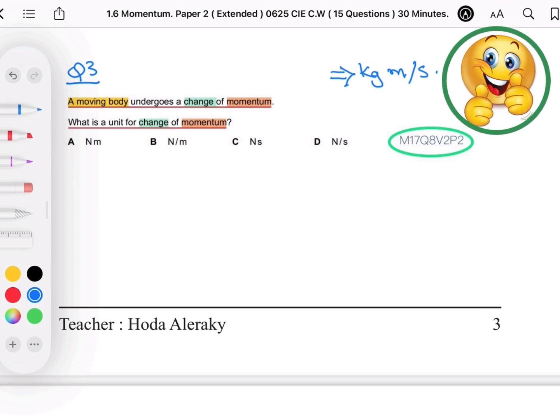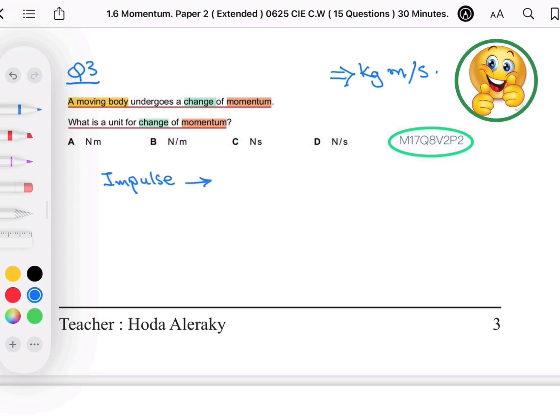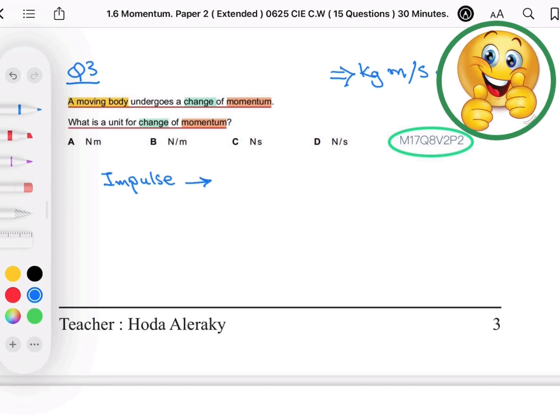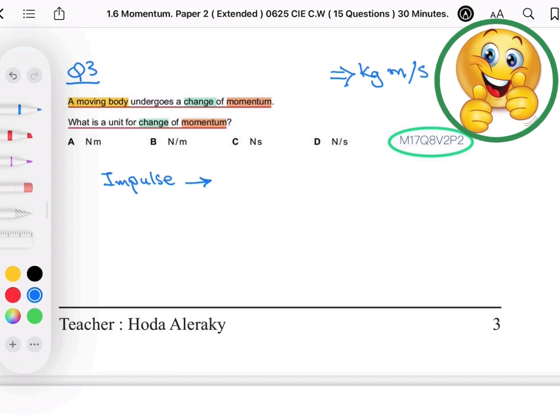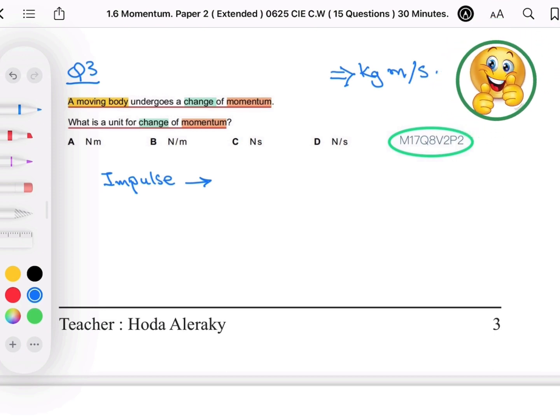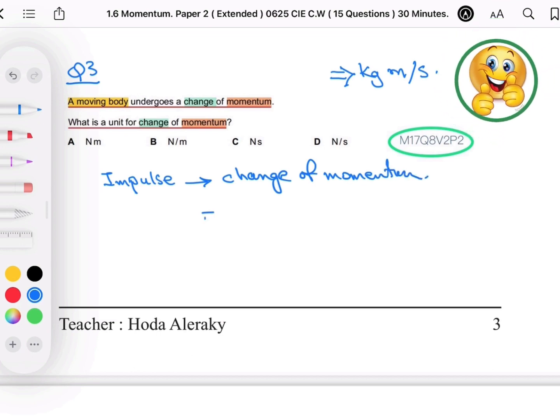What do you mean by impulse? Impulse is a term used to describe the effect of force acting over a certain time interval to change the momentum of an object. Okay, so impulse is equivalent to change of momentum, which is m delta v.